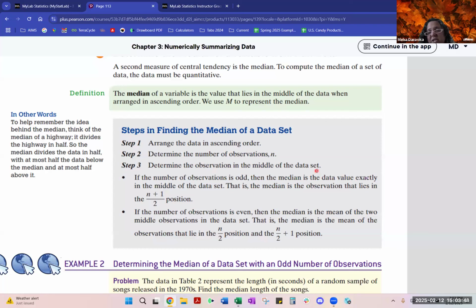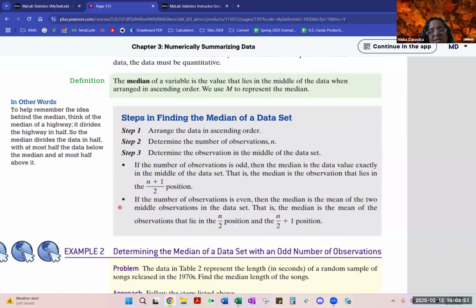That's why arranging the data in order from smallest to largest is very important. We can use this position formula over here. Once you figure out how many total data values you have in your set, they're calling it the number of observations, you add 1 to it and divide by 2, and that tells you the position of where you will find your median in your entire data set.